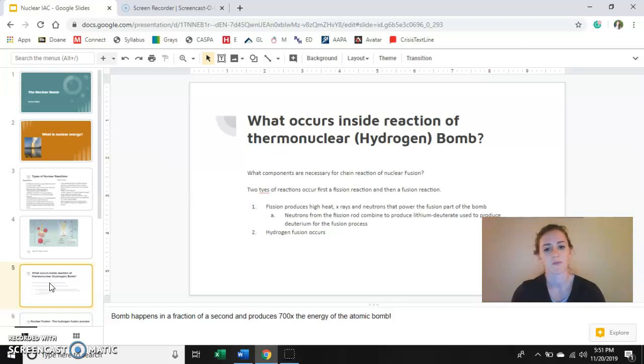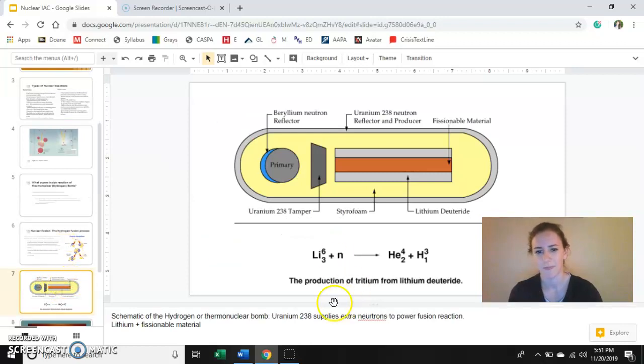Neutrons from the fission rod combine to produce tritium from lithium deuteride. Sorry, I can't pronounce these very well.